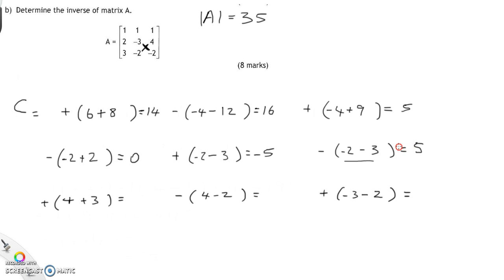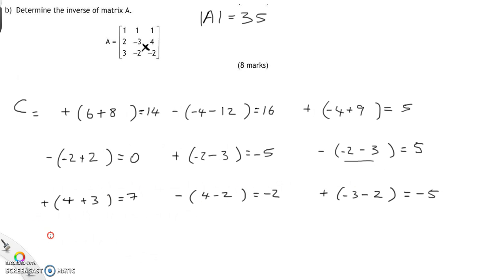Okay, bottom row, that comes to 7. This guy comes to 4 minus 2 is 2. Minus in front of that becomes minus 2. Minus 3 take away 2 is minus 5.